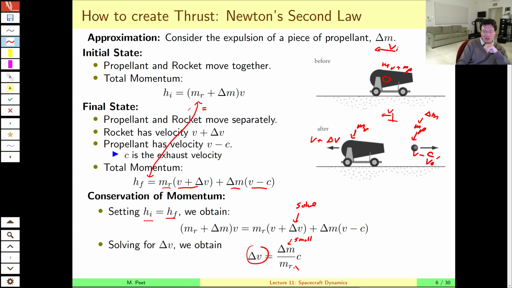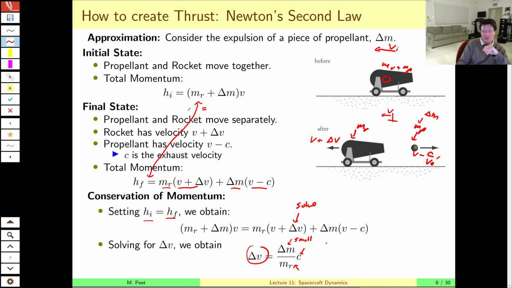We would like to maximize that, of course. A small problem is that in order to make this number large, we need to make this number small, with our propellant.